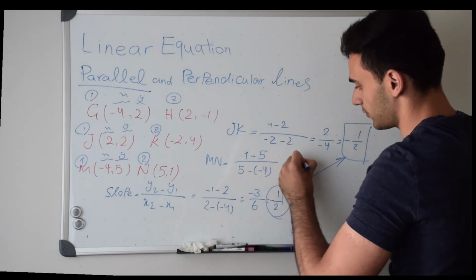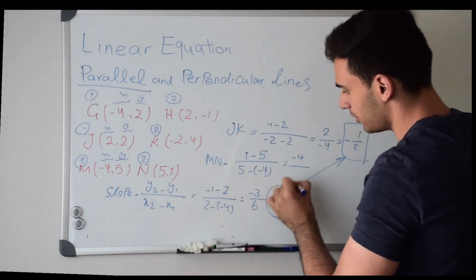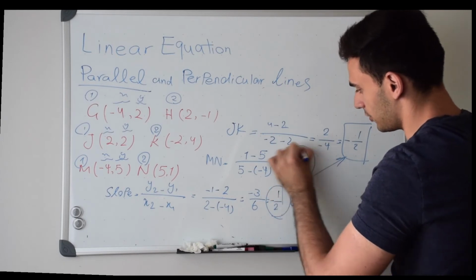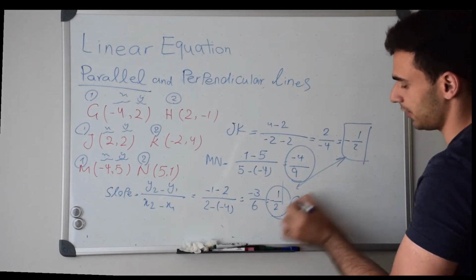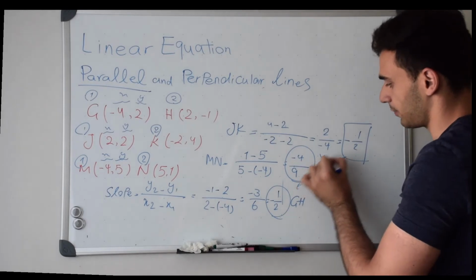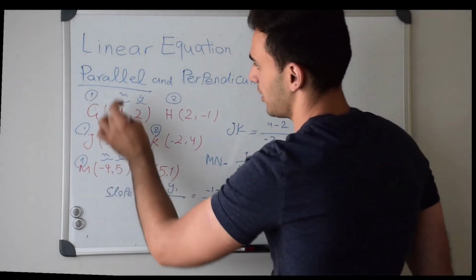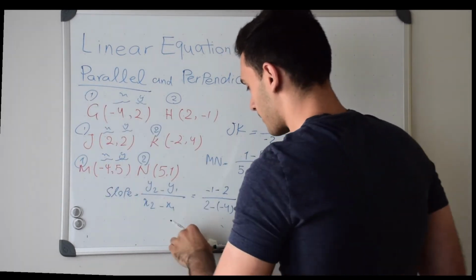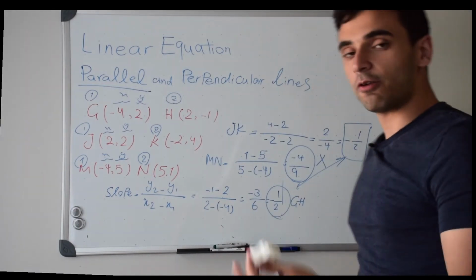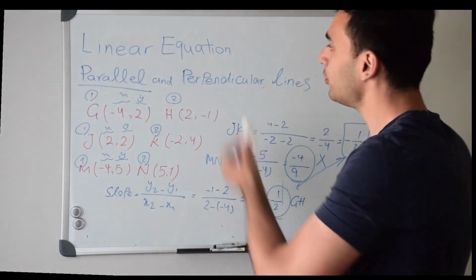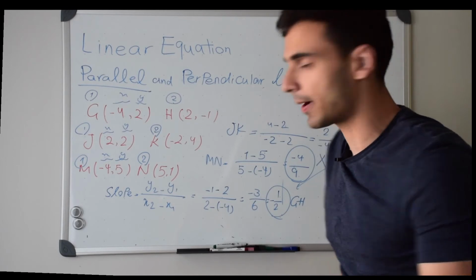So it's going to be -4 over 9. So this is not equal to these two. So this is not parallel with JK or GH. That's how we find whether two lines are parallel or not parallel.